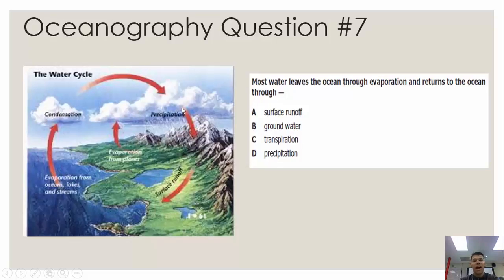And then the clouds rain down the precipitation, and eventually that water, as it rains down the side of the mountain, goes to streams and rivers and as surface runoff, and eventually it makes its way back to the ocean. So the best answer here is A, surface runoff.